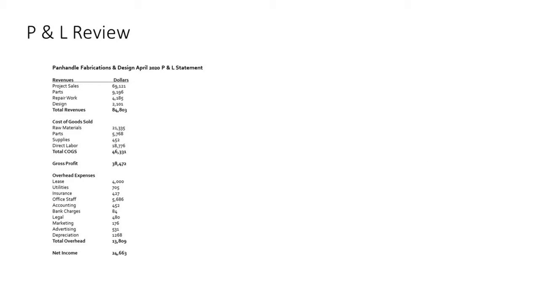Just as a way of review, this is the profit and loss statement that we've seen in a couple of videos for a mythical fabrication company. Here we can see the cost of goods sold portion of that profit and loss statement. This is where the direct cost would come from, for example, direct labor, supplies, raw materials, parts.